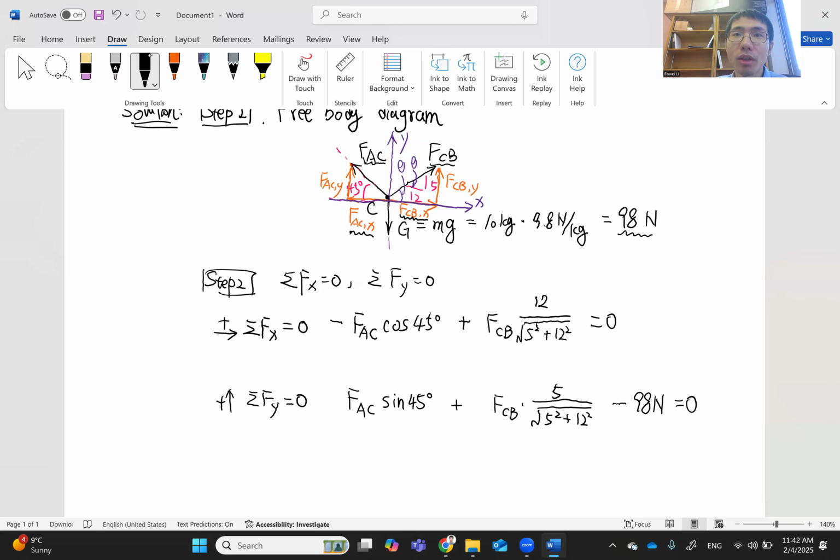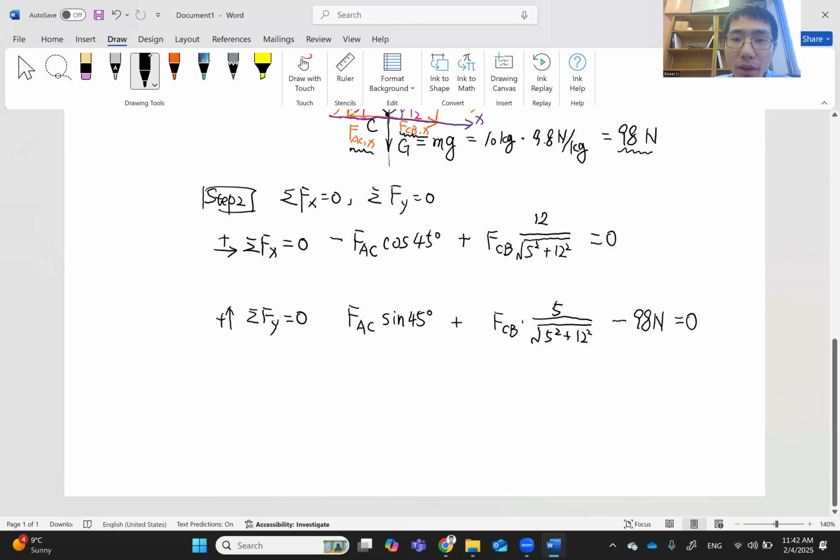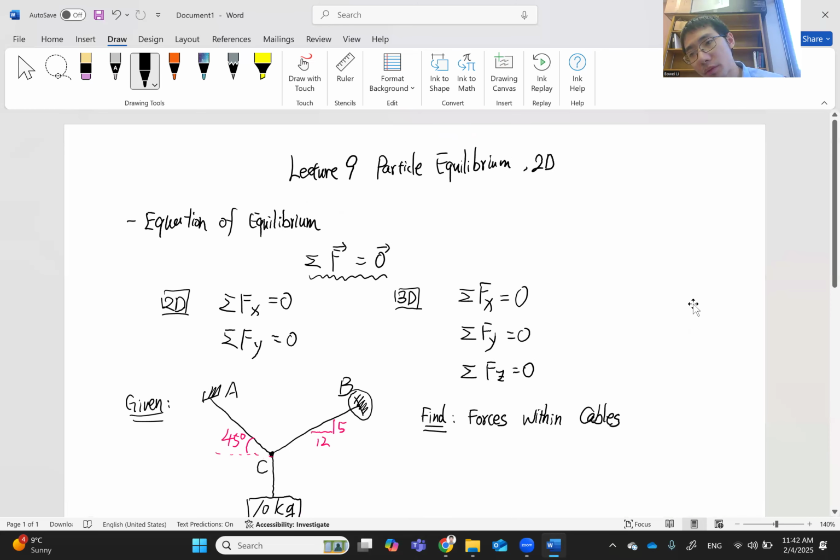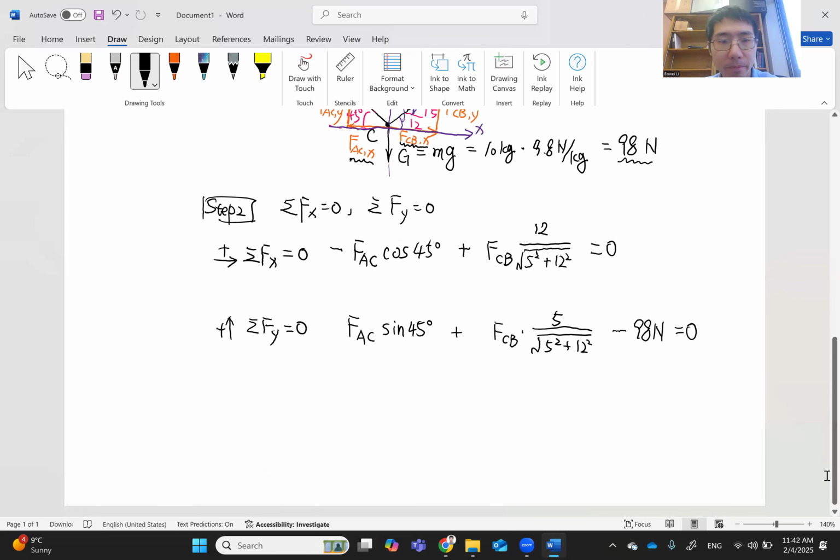We can. By solving the two equations based on our knowledge of linear algebra, you can find FAC equals 97.9 Newton. Since it is positive, meaning what?